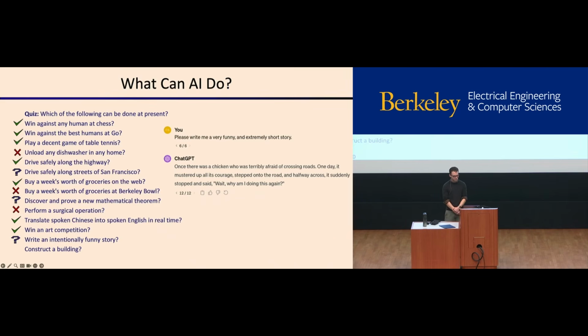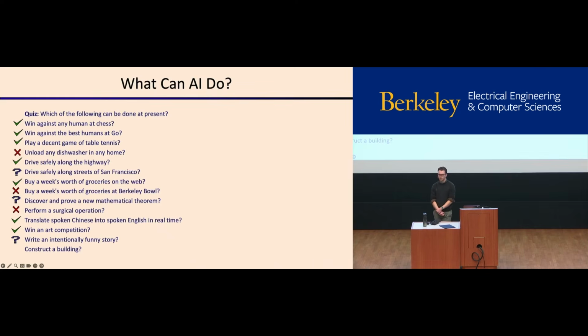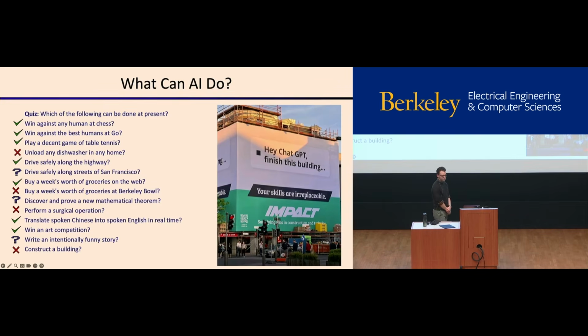So maybe soon. What about constructing a building? People don't think we can do that yet? No? Yeah, this advertisement seems to agree. Although I will say that I have a friend and colleague who is working on a startup to construct parts of buildings.